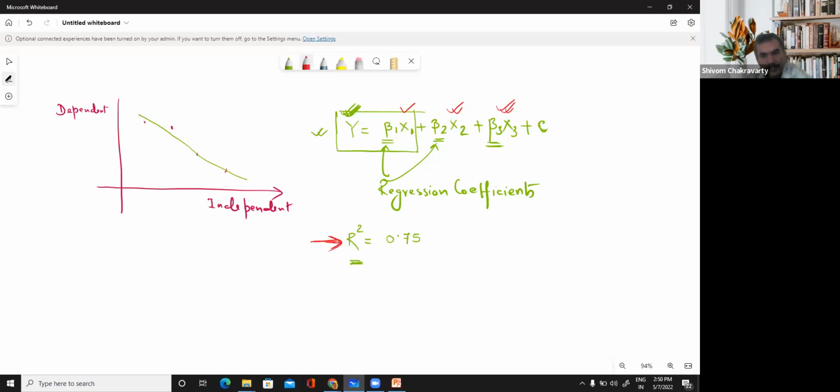So if R square increases, then our regression equation is becoming better. If it is not increasing, or it is remaining same, or it is increasing only a little bit, then it doesn't make sense to include one more variable. Okay. This is one important point which you definitely have to keep in mind.